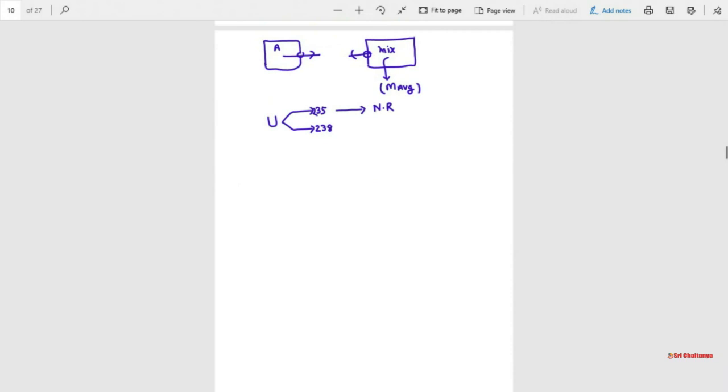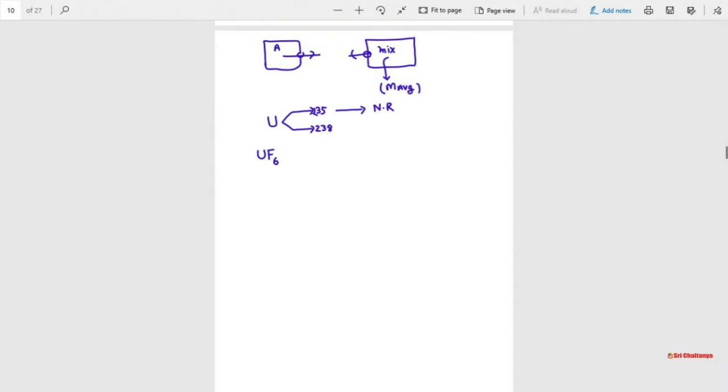So in nature, whatever uranium exists, if we want to use uranium in a nuclear reactor, we need uranium 235. So when we extract uranium, we have to separate uranium 235 from uranium 238. What we do is convert the uranium existing in nature into uranium hexafluoride, which is a gas.